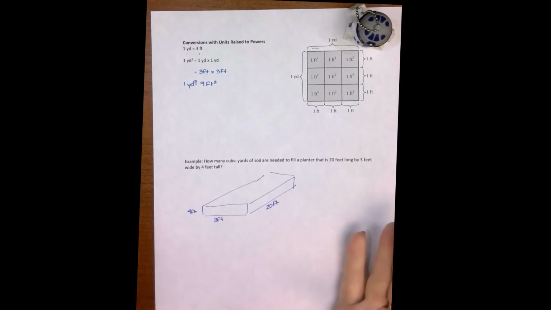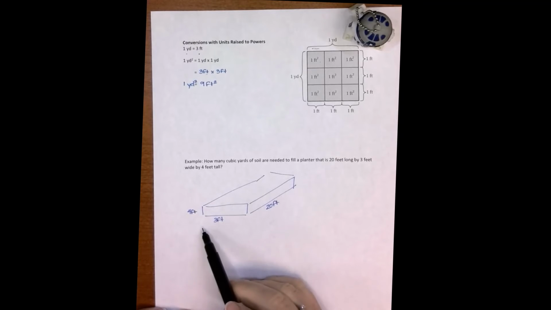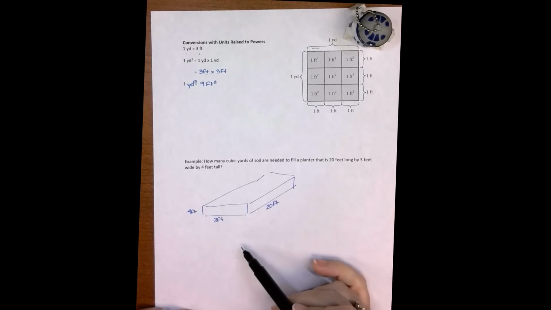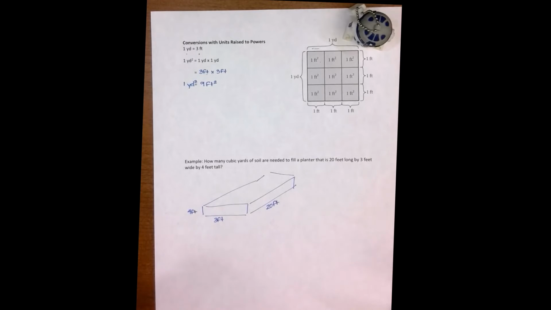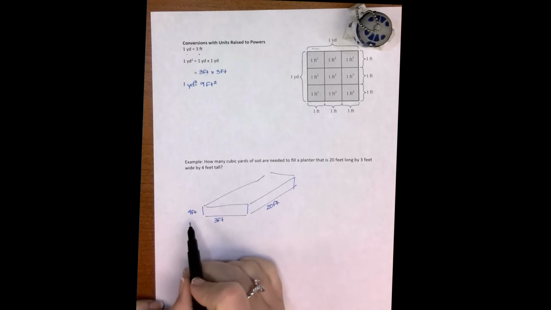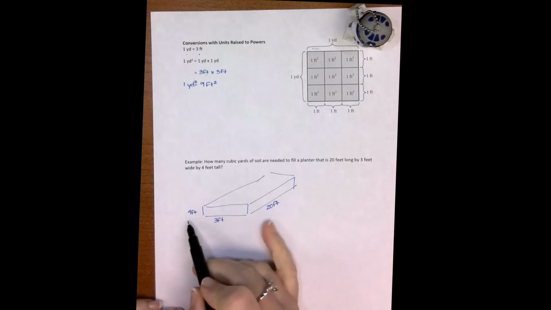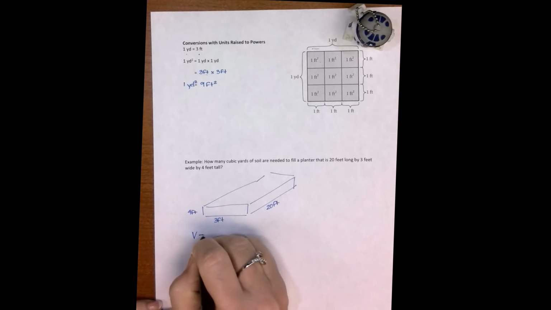So you have a couple of choices at this point. I can work the problem in feet, then change to yards, or I can change it to yards now. I think that I would prefer to just go ahead and work it out and then change it to yards. So volume's going to be, right, length times width times height.